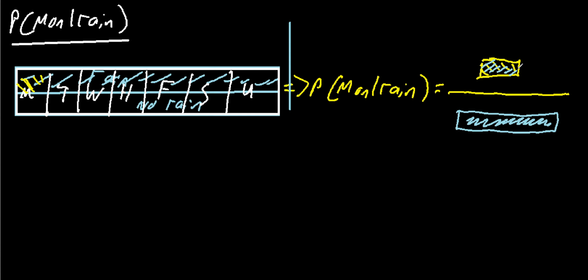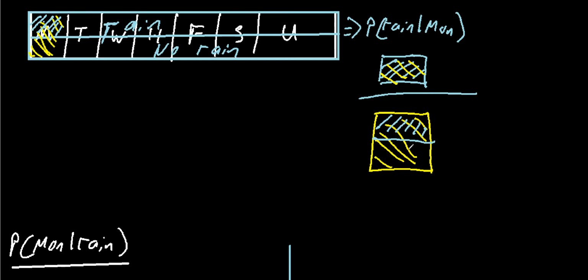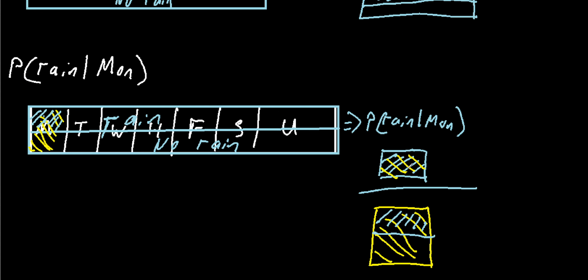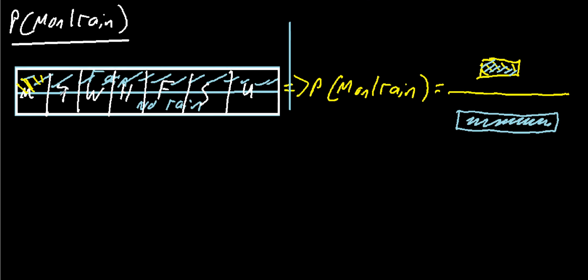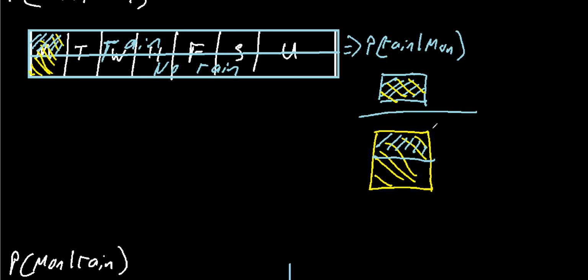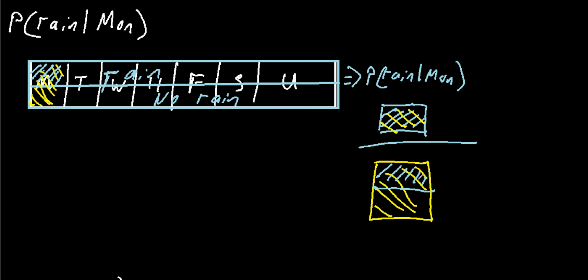You'll notice that in both the probability of Monday given rain and the probability of rain given Monday, the numerator of our probability expression is the same upper left corner of our picture. The thing that changes is the denominator.